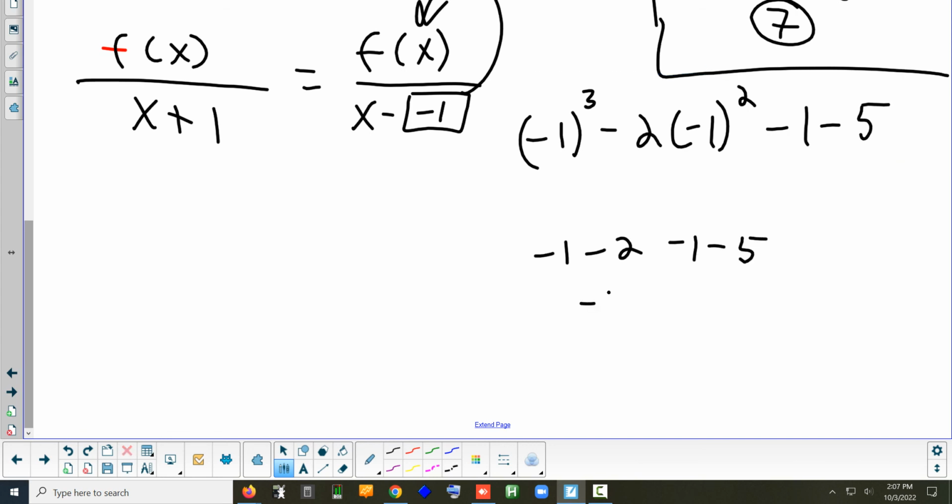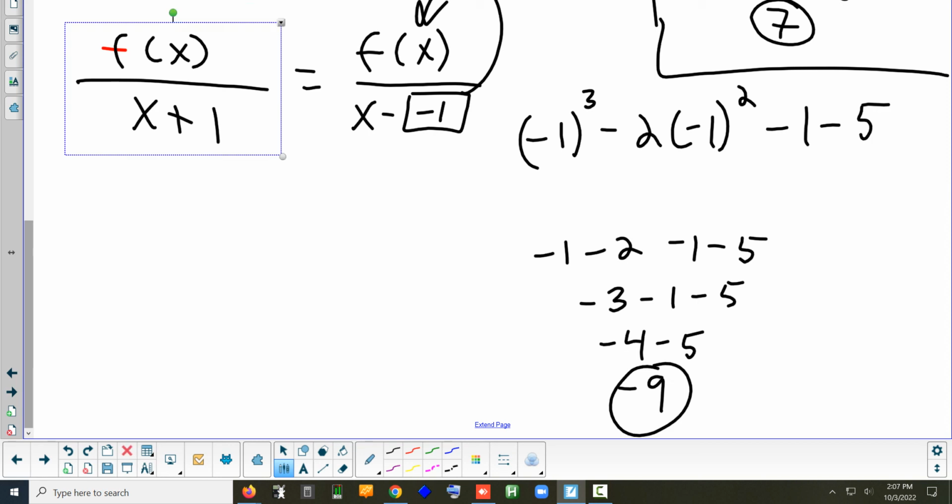Negative 1 minus 2 is negative 3. Negative 3 minus 1 is negative 4. And negative 4 minus 5 is negative 9. So, is x plus 1 a factor of f of x? It had a remainder. Right, so that's the point of the remainder theorem. It's a quick way to check if something is a factor.